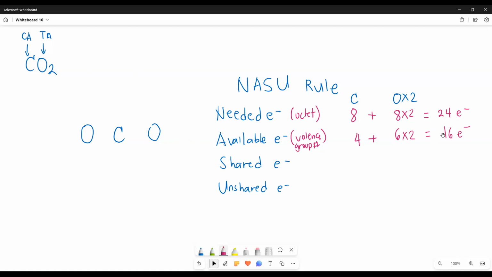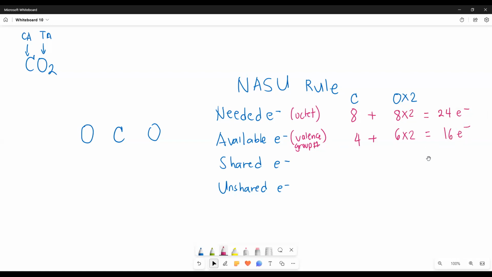So we'll find a way to make sure that these 16 electrons follow the octet rule. This is all that is available. We need 24. So we need to find a way in which we make these 16 electrons work.